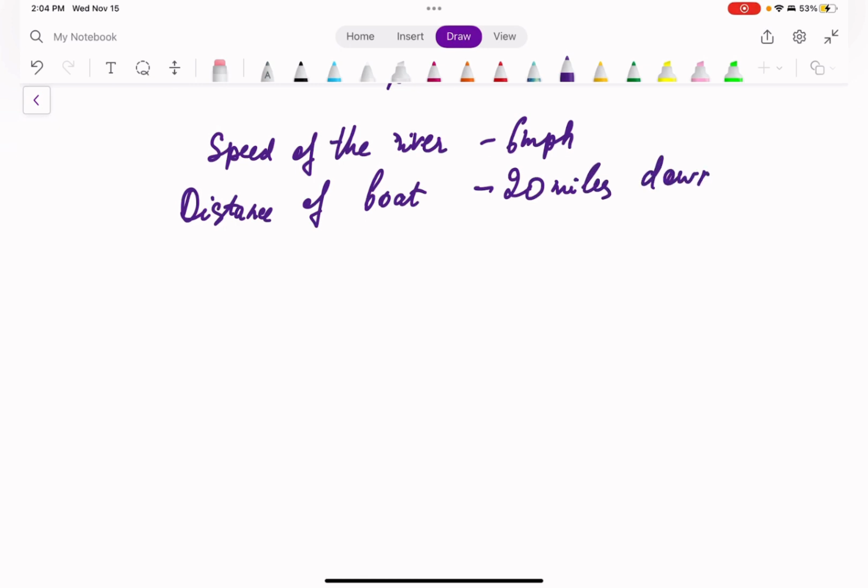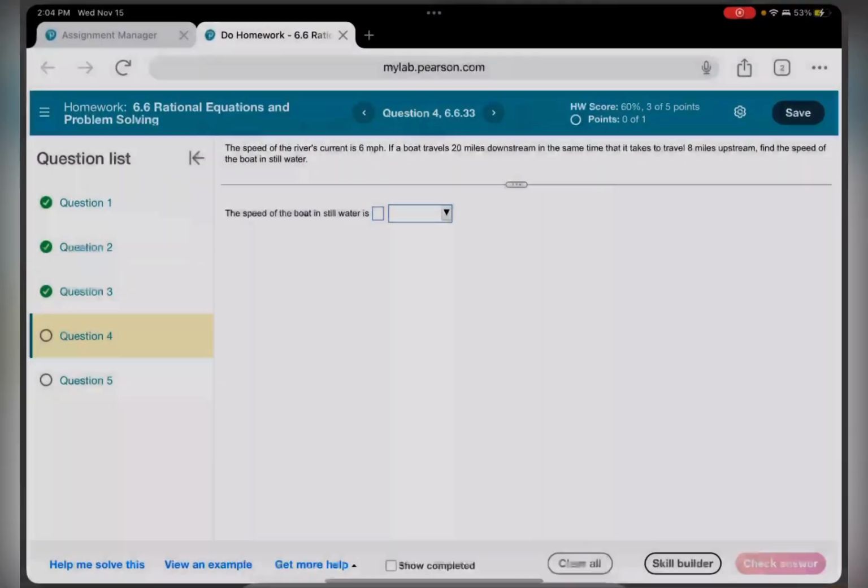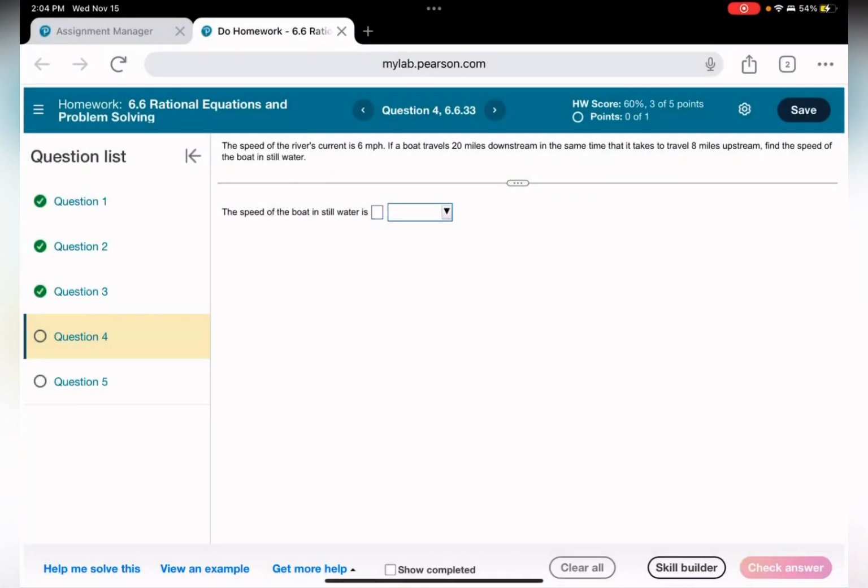It's important. That was down the river. Up the river, how much is it? And it takes 8 miles upstream, up the river.